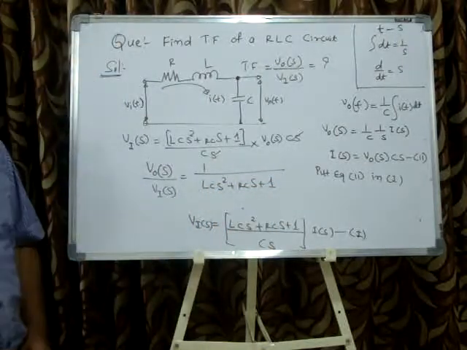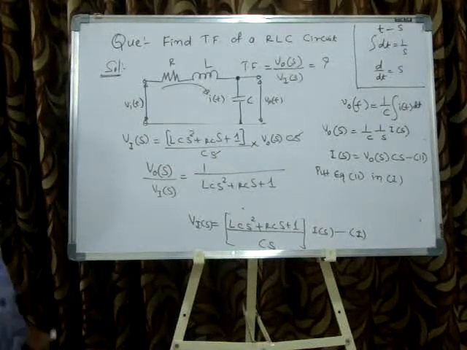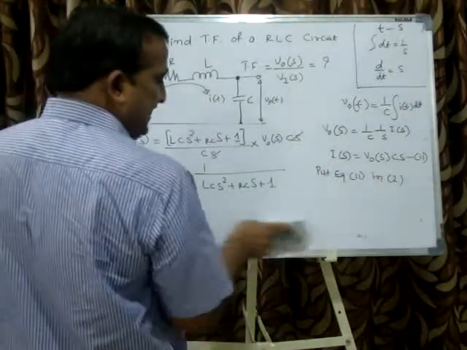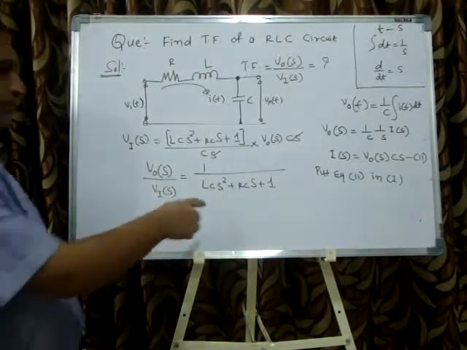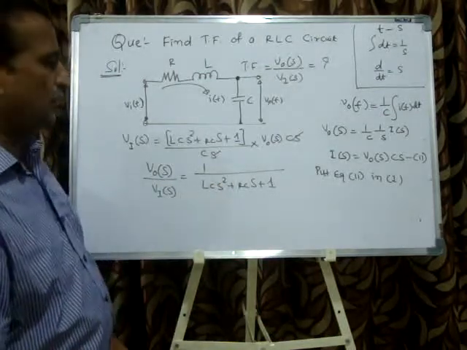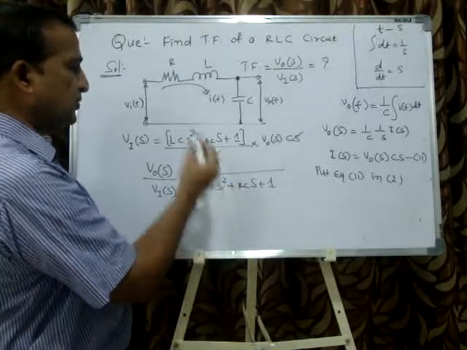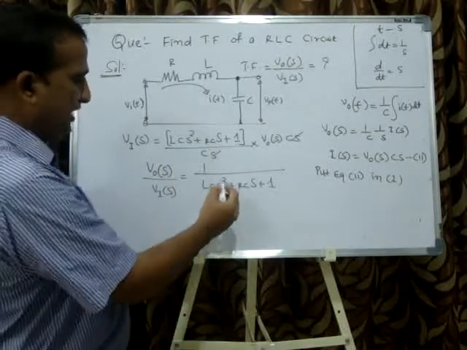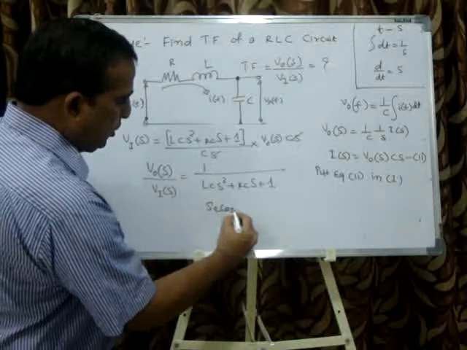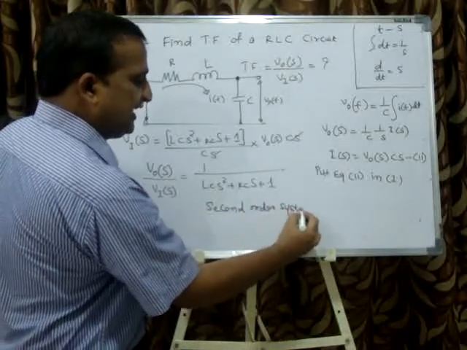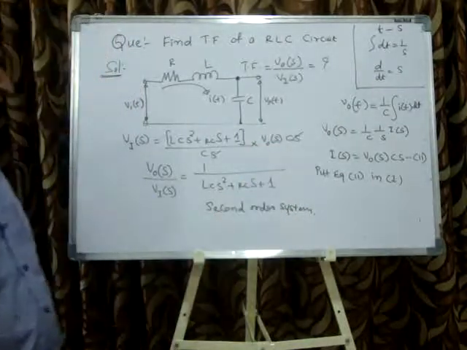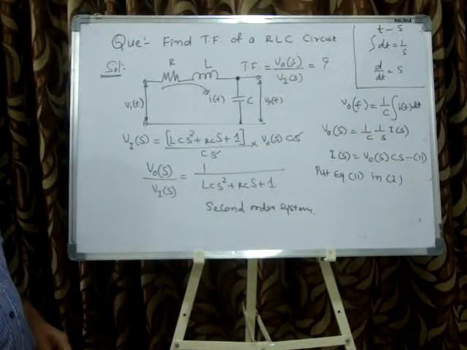It is exactly similar to the previous problem, where the tanks are in parallel. There also we had T1 T2 s square plus (T1 plus T2) s plus 1. The highest power of s in the denominator is 2, so it is also called a second order system. Exactly similar, a second order system.